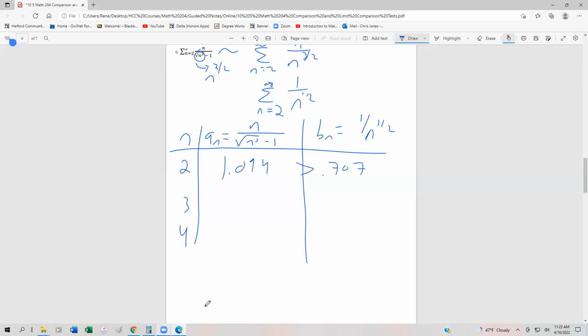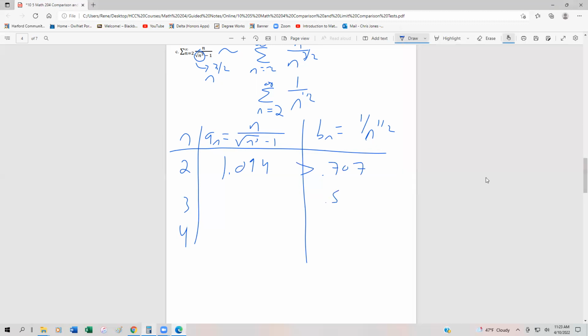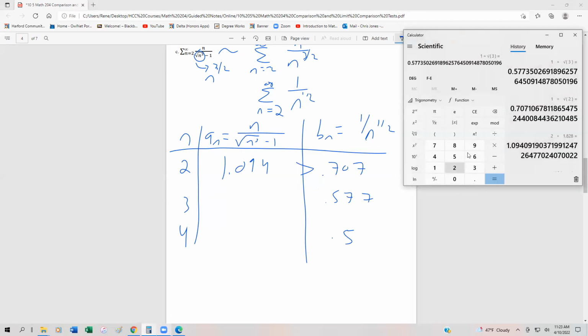Then what we could do is figure out all the easy ones. Let's do 1 over root 3, and that's going to be 0.577. And then we know the square root of 4 is 2, so this is going to be 0.5 when we plug that in. Now over here, it's a little bit tougher because we're going to have to do a little bit of manipulation, so bear with me.